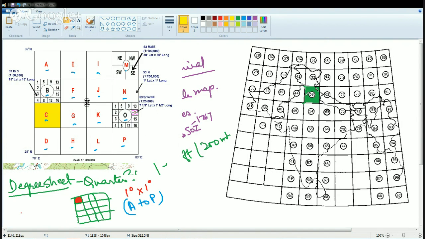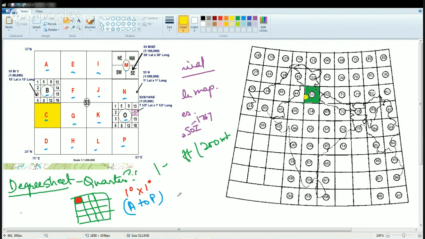So let me mark it here. That is 53C. It would be 1 degree latitude by 1 degree longitude that we would be covering in the sheet. The sheet is marked from A to P, so we can choose one of them.